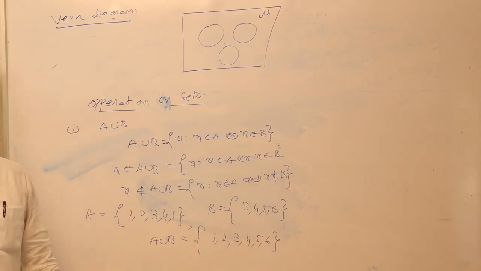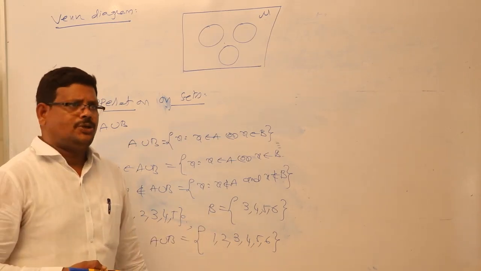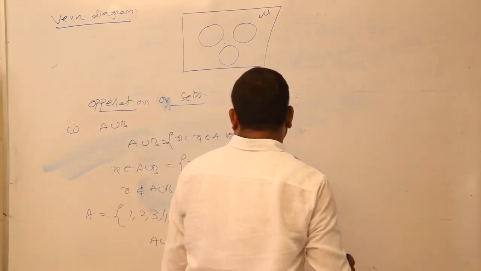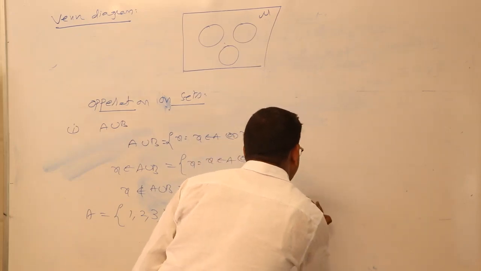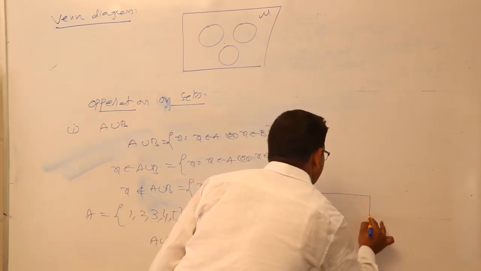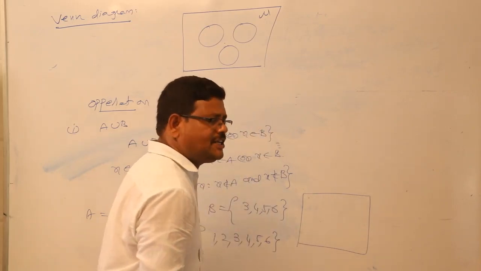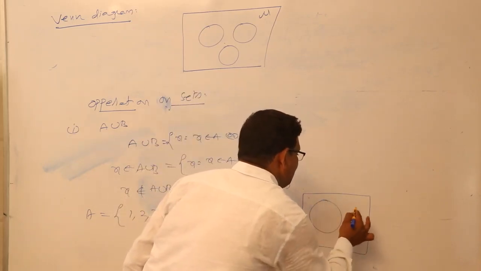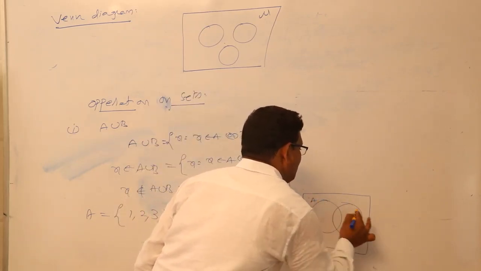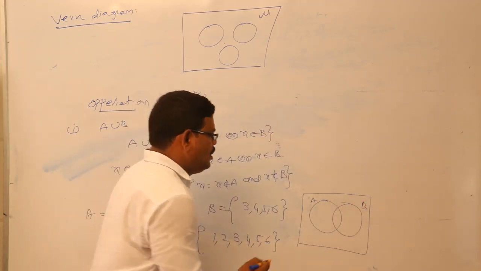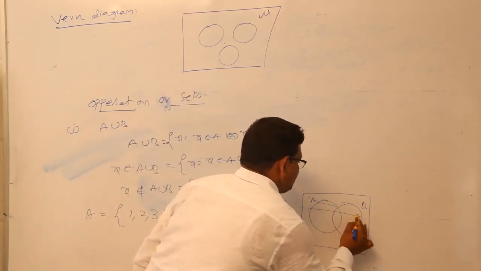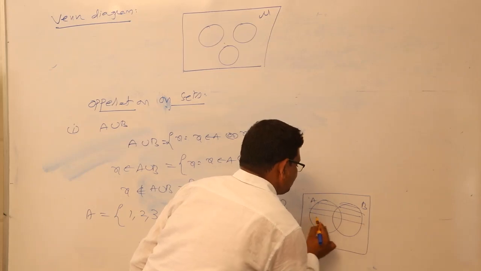This is A union B. In a Venn diagram, A union B is represented by both the sets A and B together.